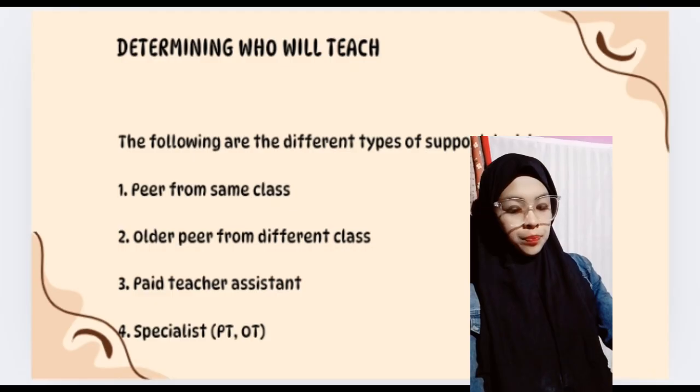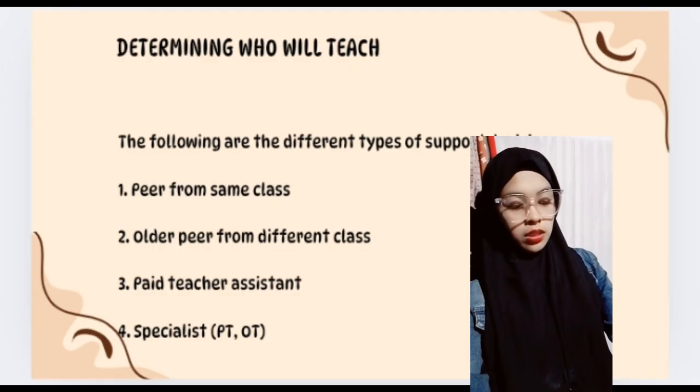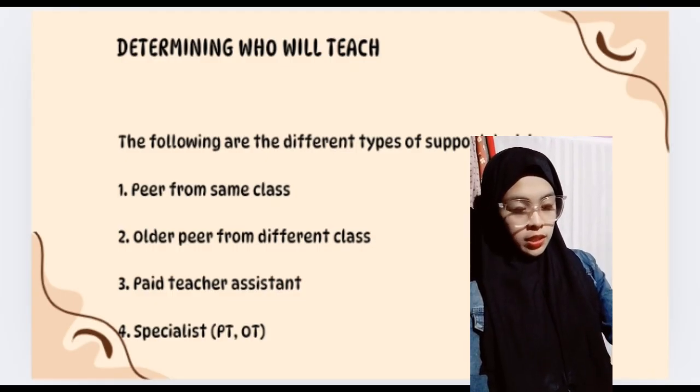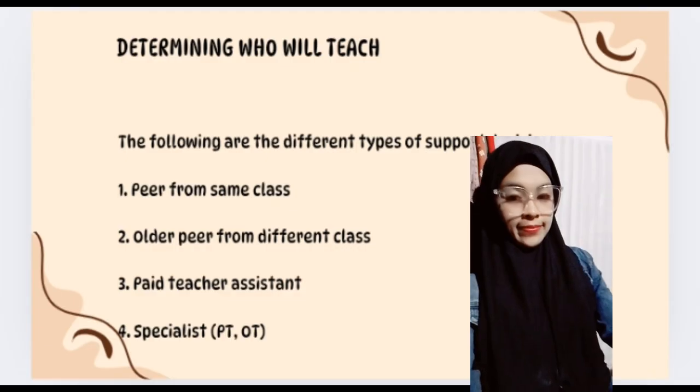Third is the paid teacher assistant. This is a dedicated support staff member who assists the teacher. Next are the specialized professionals, like physical therapists or occupational therapists, who provide specialized intervention.